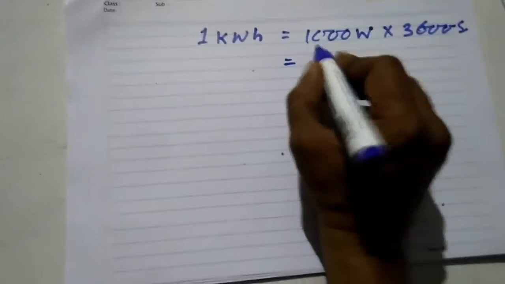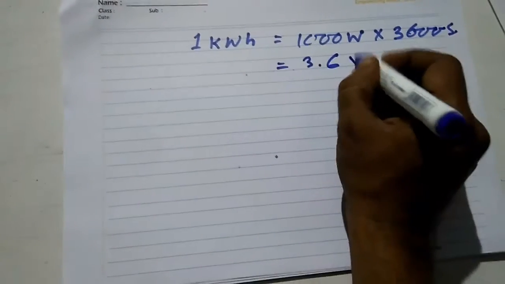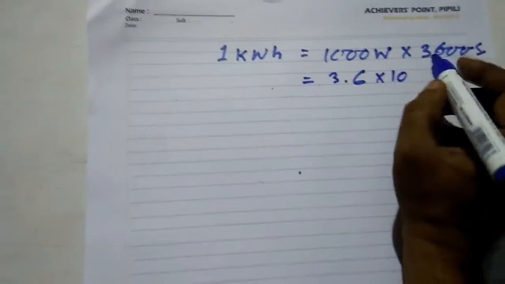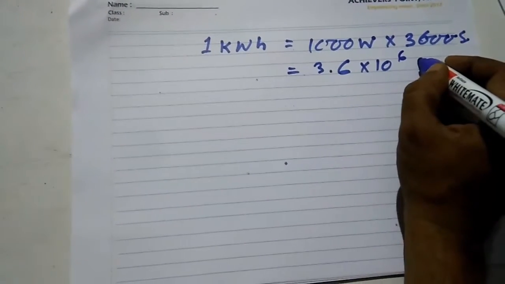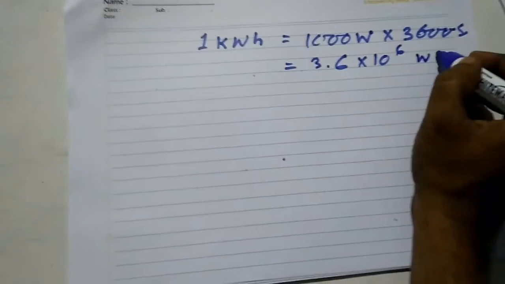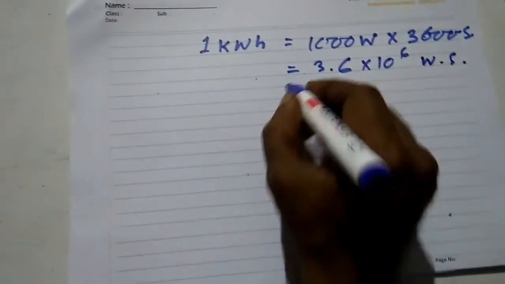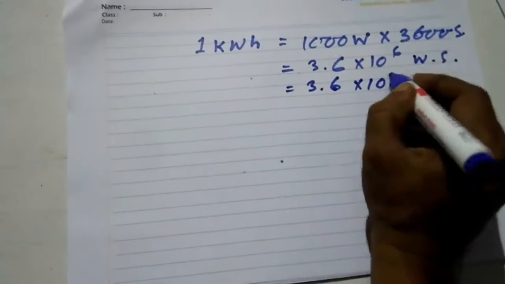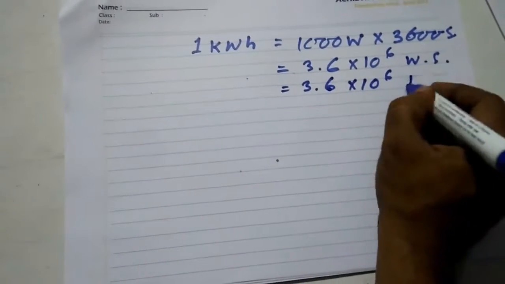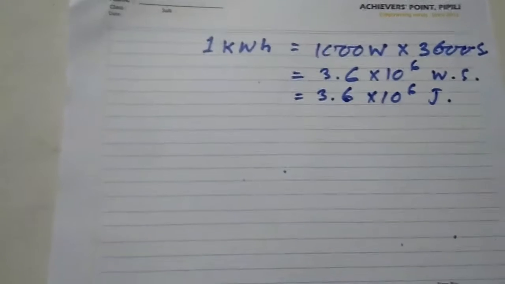That can be written as 3.6 into 10 to the power 6 watt second, which is joule. Remember that for any kind of energy, the SI unit is joule. So for electric energy, it is also joule.